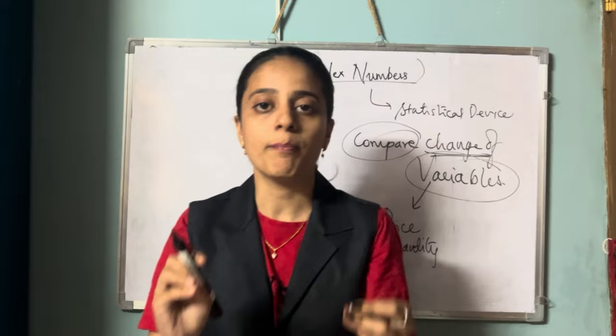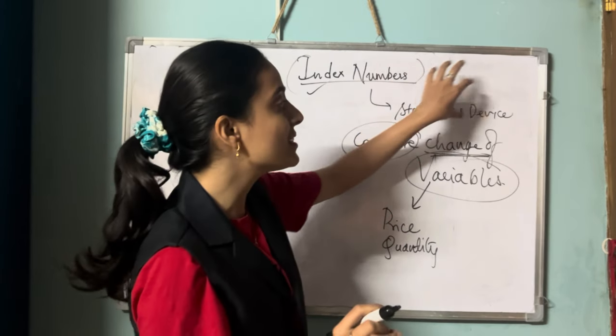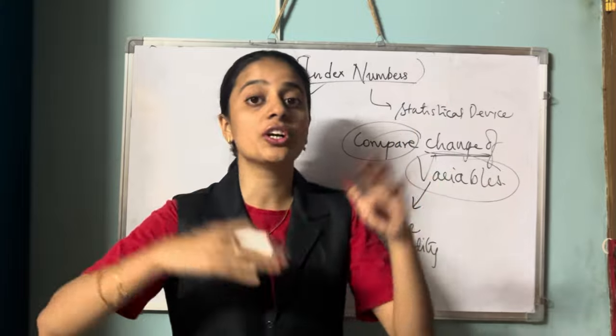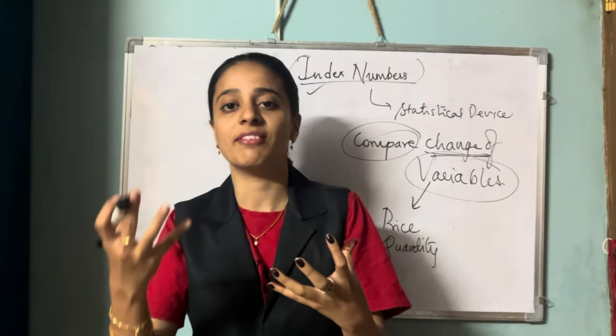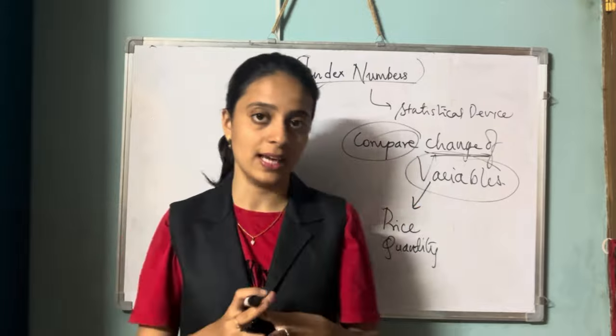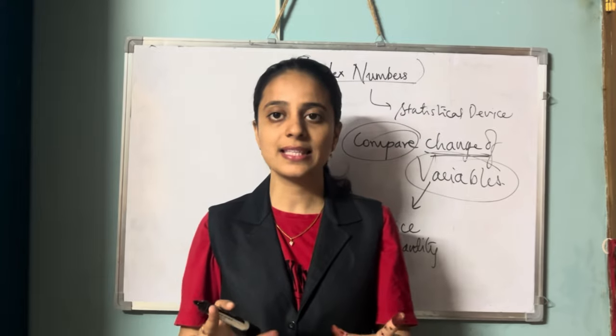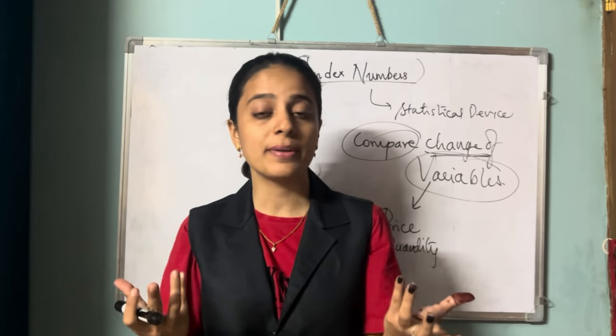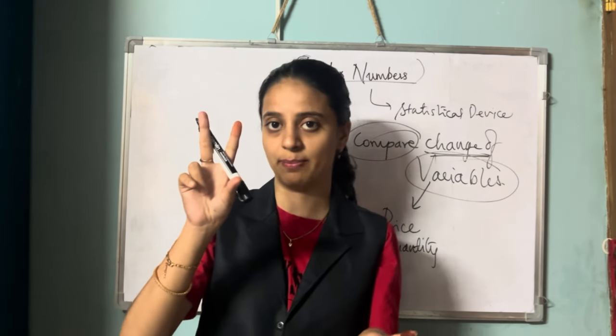Okay, so in simple terms, index number is a statistical device which helps to compare or measure the changes in a particular level of phenomenon, like different variables like price, quantity and so on. Is that clear? Now, comparison happens when we have two variables, right?